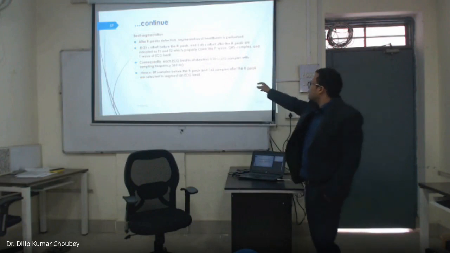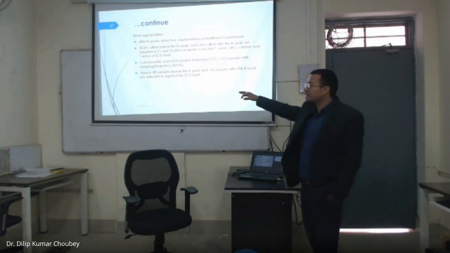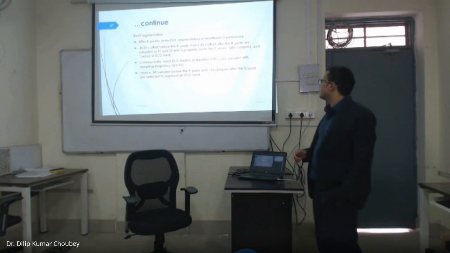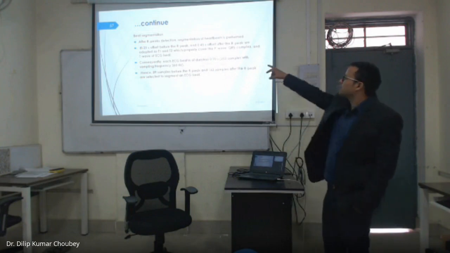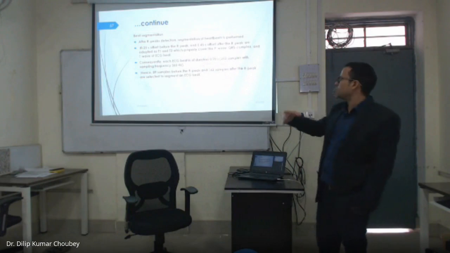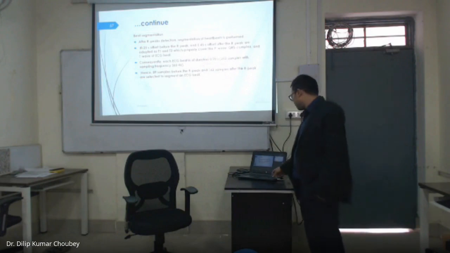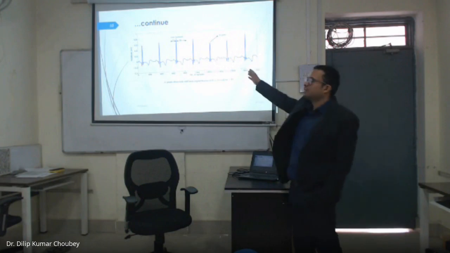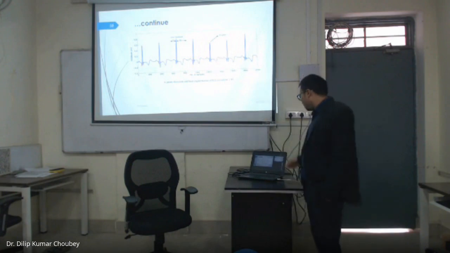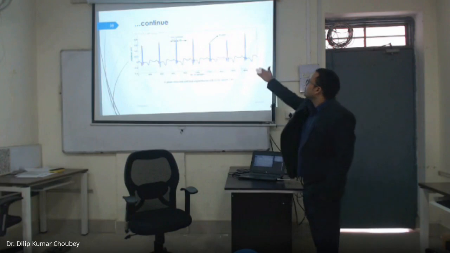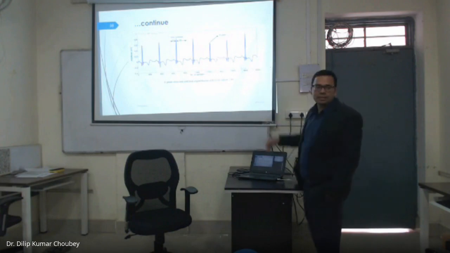Before the R peak, 89 samples have been taken, and after the R peak, 162 samples. So based on that time offset, the number of samples has been chosen. Here T1 is before the R peak and T2 is after the R peak, so we can easily perform the beat segmentation.